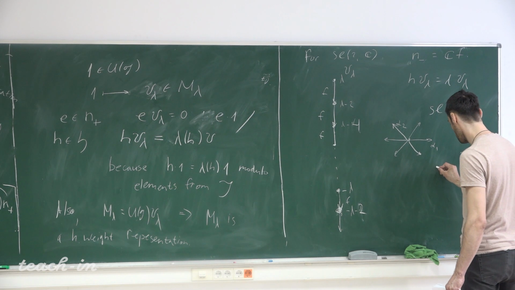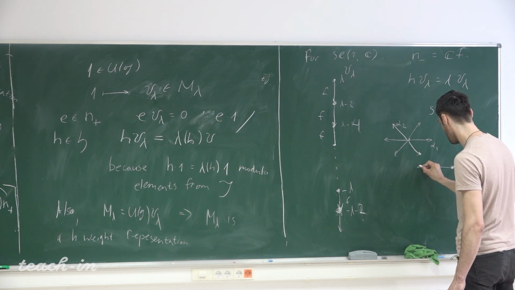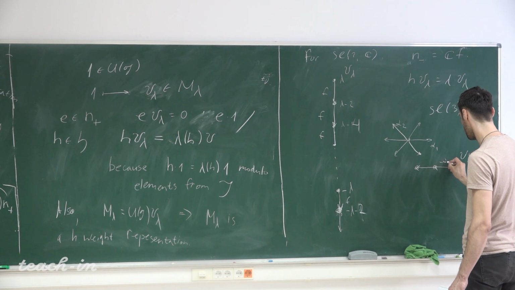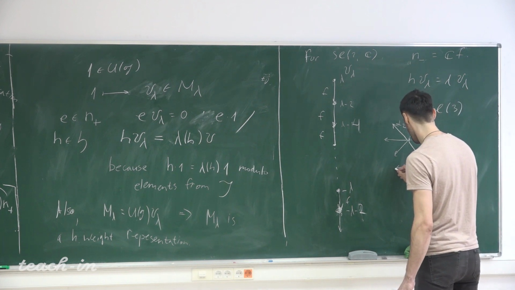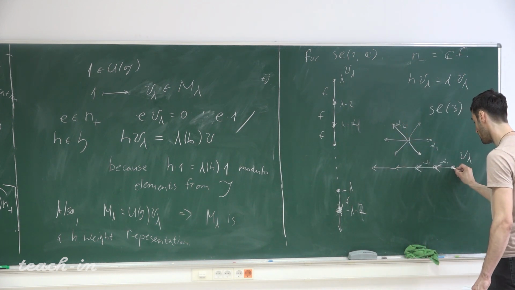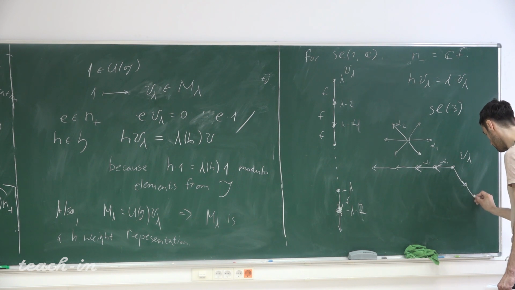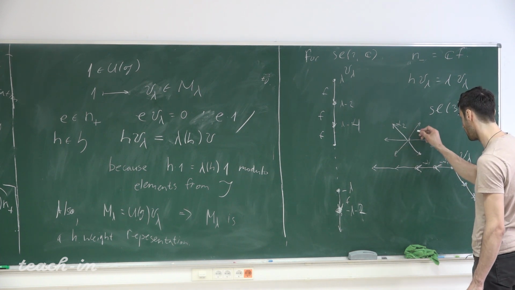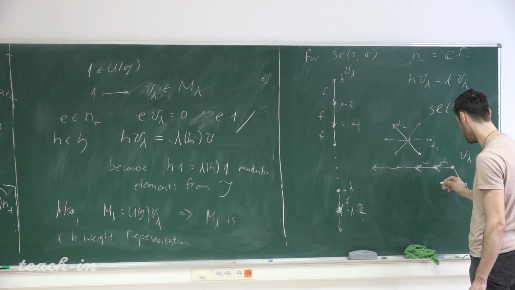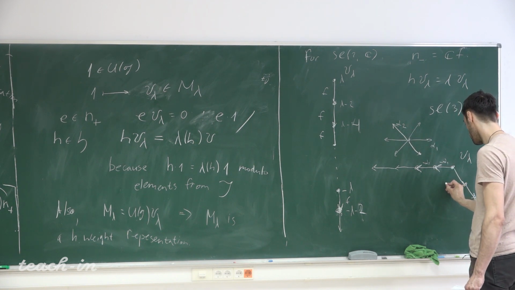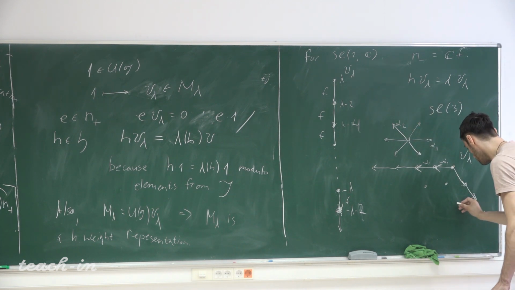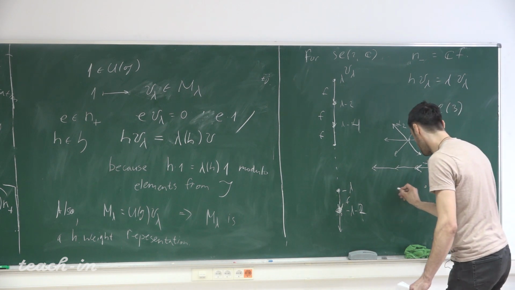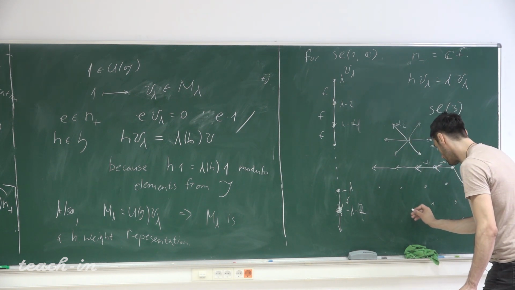You act here by negative alpha 1s, like this, and to infinity, and by negative alpha 2s. But also you can subtract alpha 3 as well, which is alpha 1 plus alpha 2. So we get these points inside this fan here. All these points are weights in the Verma module.